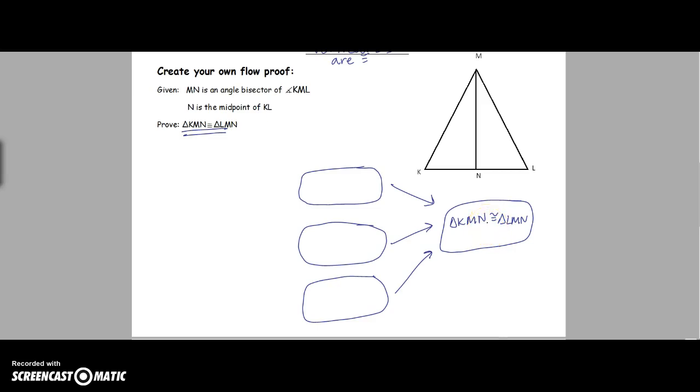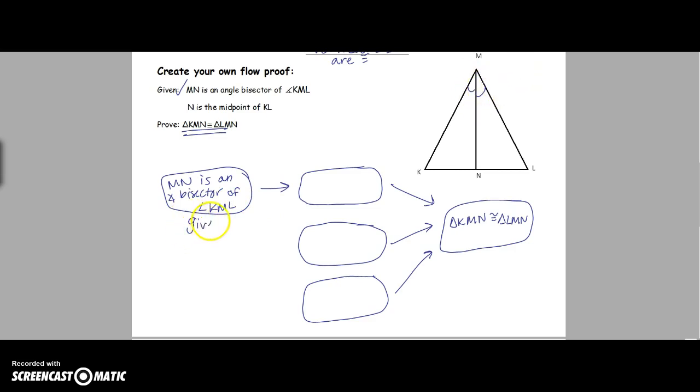So how are we going to do that? The first one says MN is an angle bisector of KML. Is that a congruency statement? If not, we need to add one more before it. So MN is an angle bisector of angle KML. Okay, so that means that this angle and this angle are now congruent.